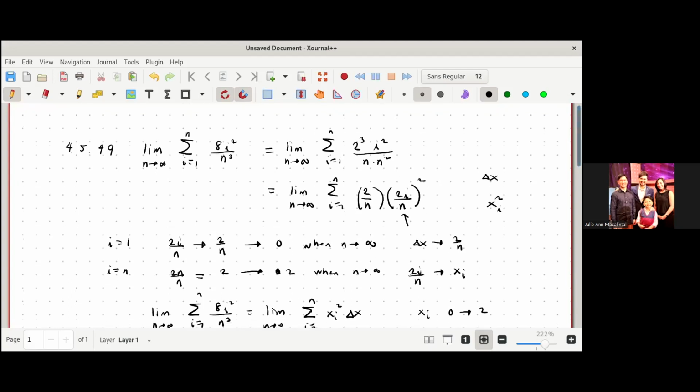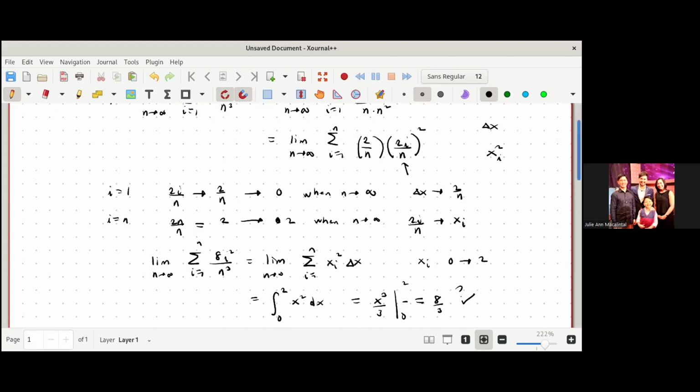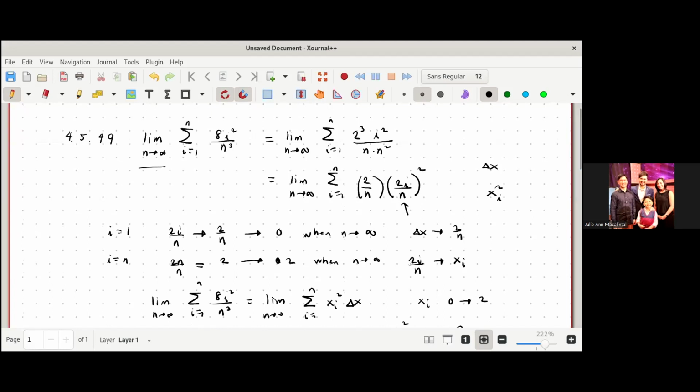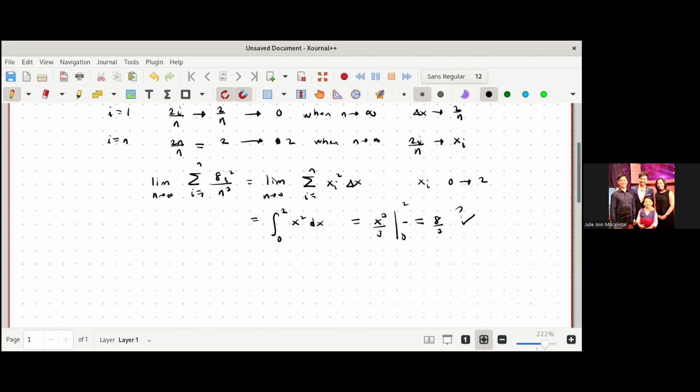So, paki-sum, and then let's compare this to this tentative result. This is x cubed over 3, from 0 to 2, or 2 cubed, that's 8 over 3. Ito yung ini-expect natin na sagot. Ngayon, gamitin mo yung summation formulae and see kung nakukuha din natin yung parehong sagot para ma-check natin.